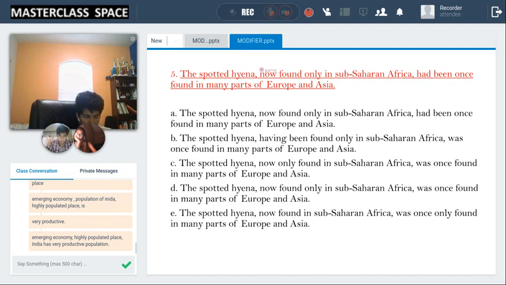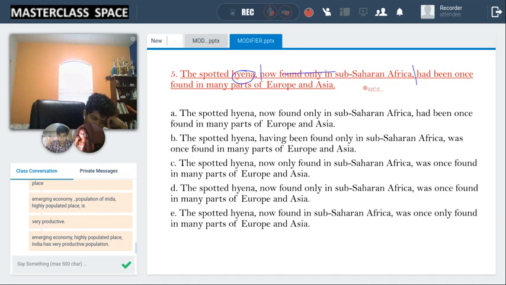So you will notice that this is your phrase part, right? Now found in sub-Saharan Africa. So what is found in sub-Saharan Africa? It is the hyena. So this is your modifier and this is your correct noun. So it is close to the noun. So a modifier can be either before or after, no problem.